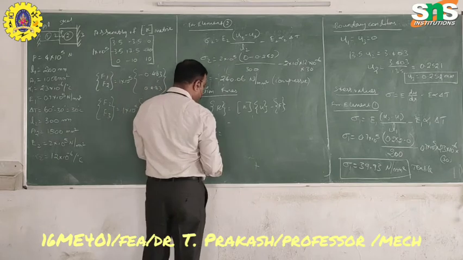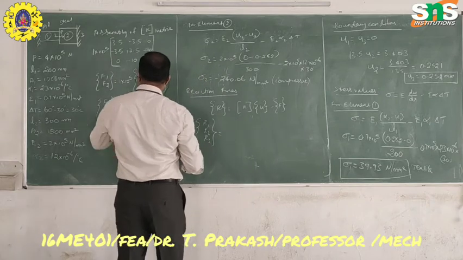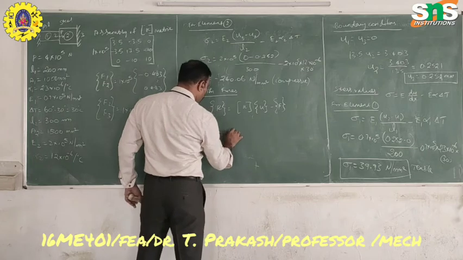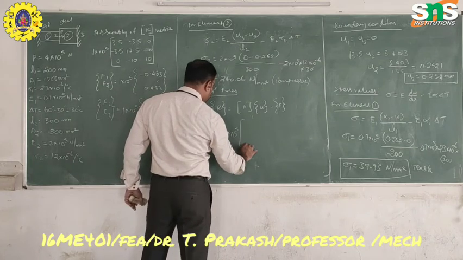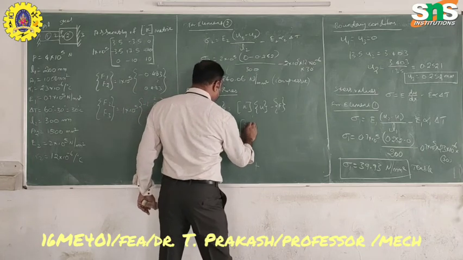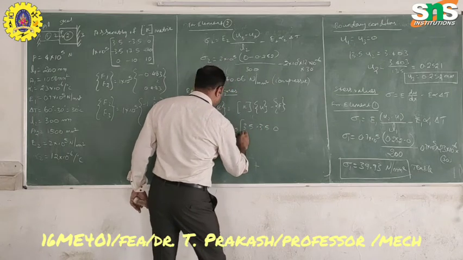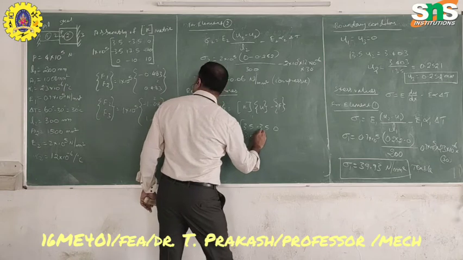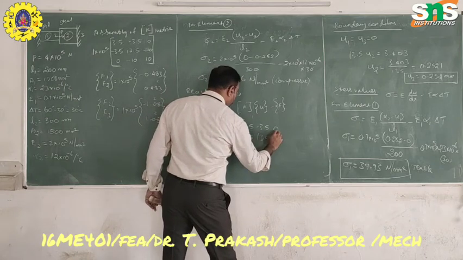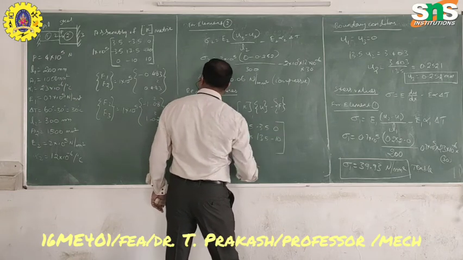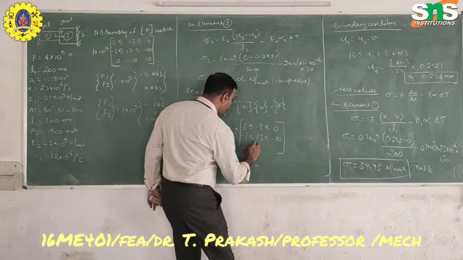And the K matrix, we know, is 1 into 10 power 5 times 3.5, minus 3.5, 0; minus 3.5, 13.5, minus 10; 0, minus 10 and 10.